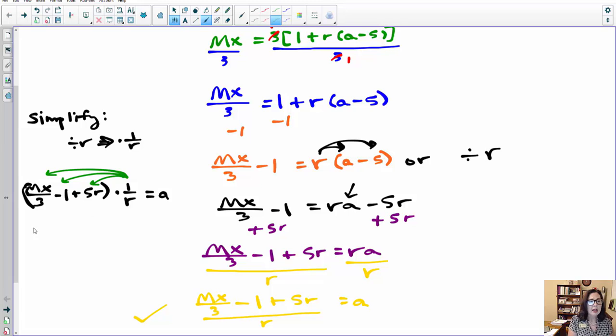Distributive property there. Which leaves me mx over 3r, minus 1 times 1 over r is 1 over r, plus 5r times 1 over r. If you'll notice, my r's divide out and just leave me with 5.